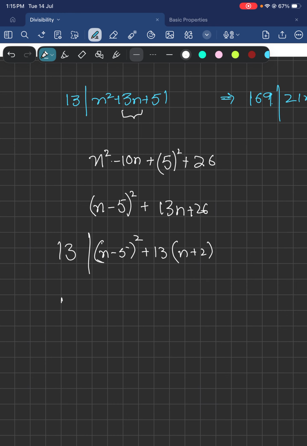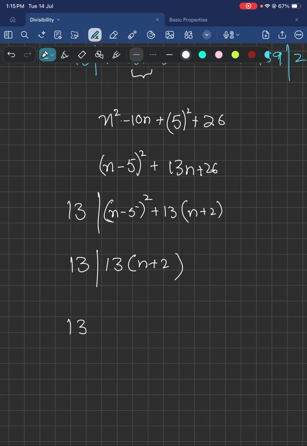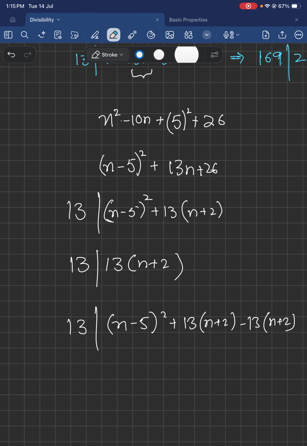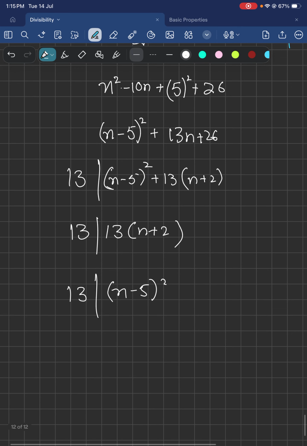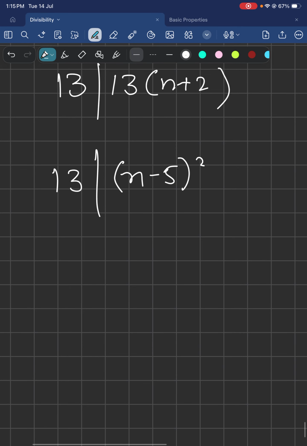So we have carried our idea here: 13 would divide 13n plus 2. Therefore, by the property of subtraction we can subtract 13n plus 2 from n minus 5 whole square plus 13n plus 2, which would eventually cancel out, and we will be left with only 13 dividing n minus 5 whole square.